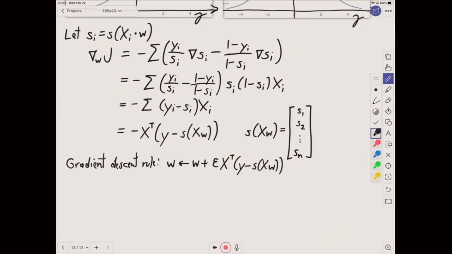That is a step of gradient descent. What we're doing is we're just taking w and subtracting the step size epsilon times the gradient. This comes from there; we're just substituting in the gradient.